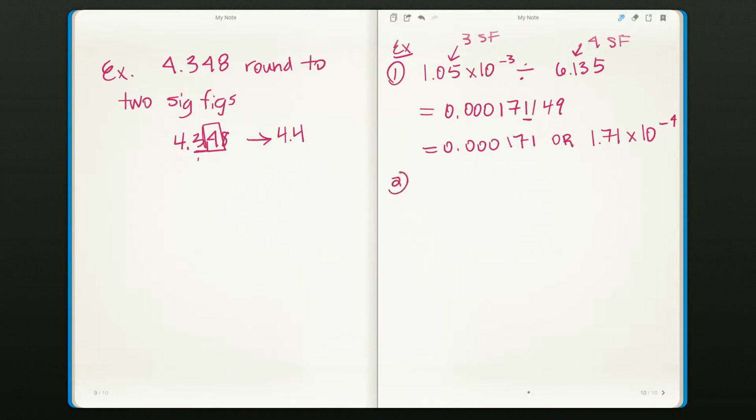Second example is addition and subtraction rules. So we have 21 minus 13.8. Now here, remember we're looking at decimal places, so the number with the least number of decimal places tells you how many decimal places that your answer should have. So 21 has no decimal places, and 13.8 has 1 decimal place.